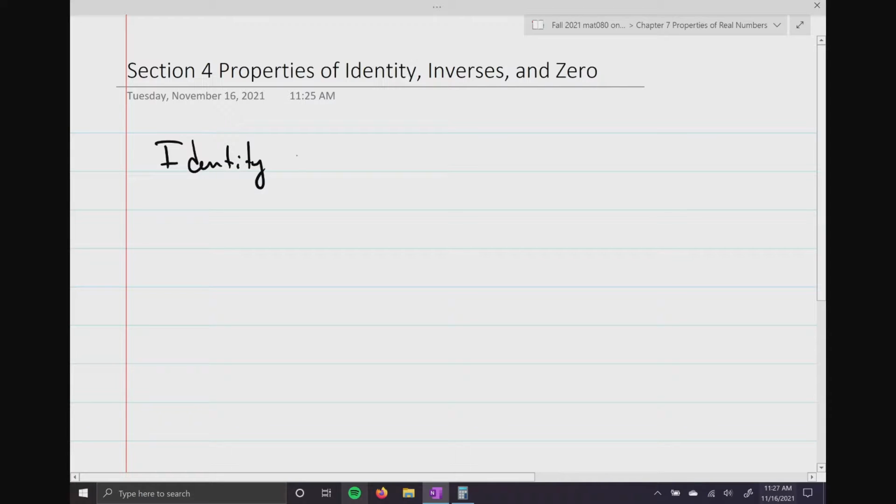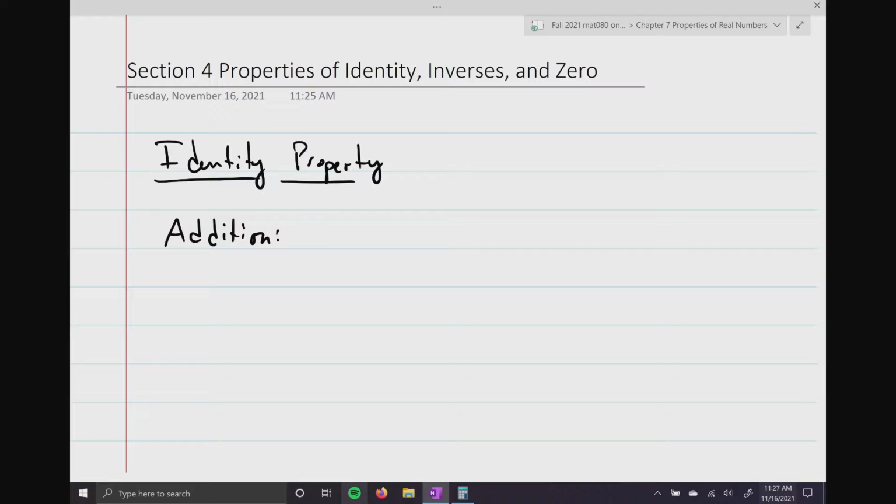And the only thing that we have to be careful of here is just, is it adding or multiplying? That's it. So the identity property of addition, let me write the word addition. And it's exactly what it sounds like. An identity is like you are an identity, you're yourself. There's nobody else in this world like you. So what you start with is what you get in terms of the identity.